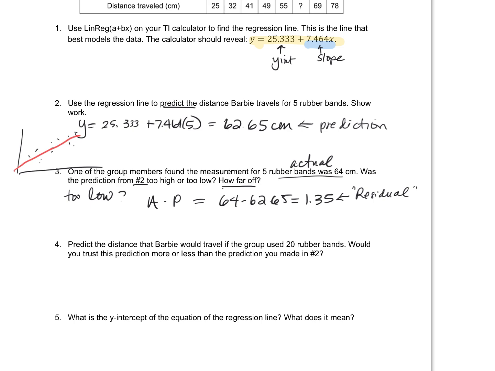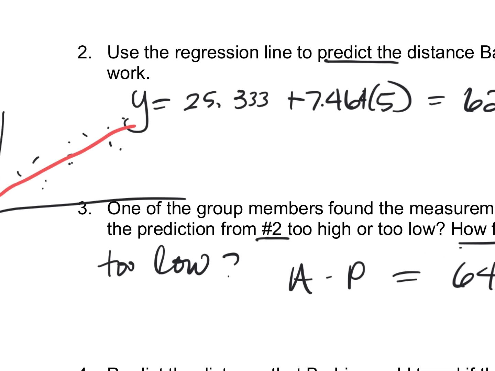But if my actual point, let's say this is my actual point right here, it's higher than what the line predicts, what I'm finding is this distance right here from actual to predicted. This is that distance we just found by subtracting, all right? And that's what we call the residual.